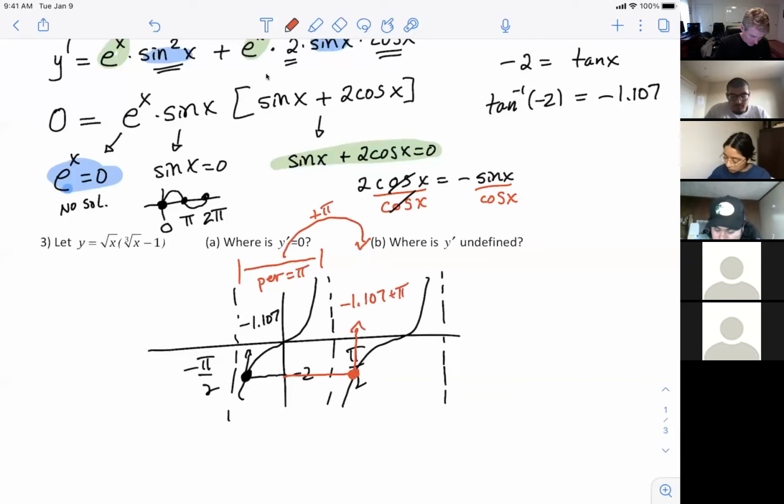Just do that right here, negative 1.107 plus pi. So that equals 2.035.